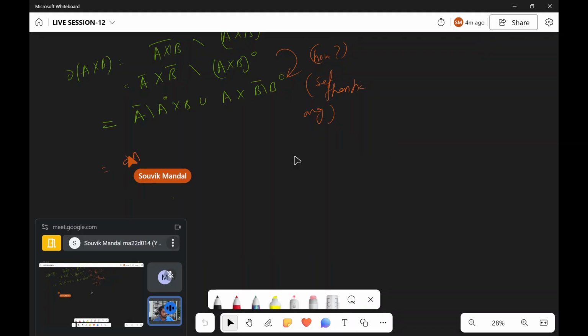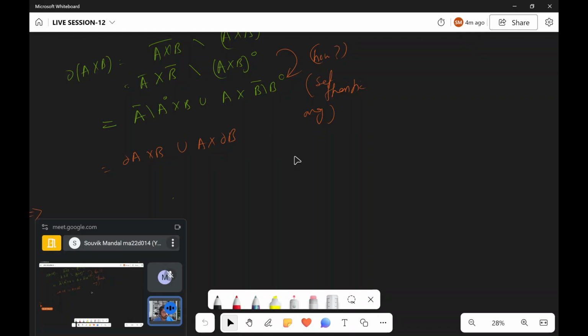So this is the boundary of A cross B union A cross boundary of B.